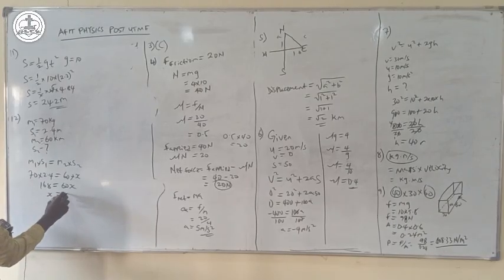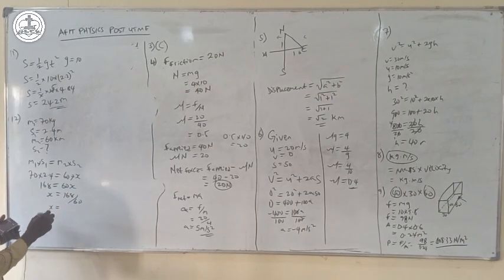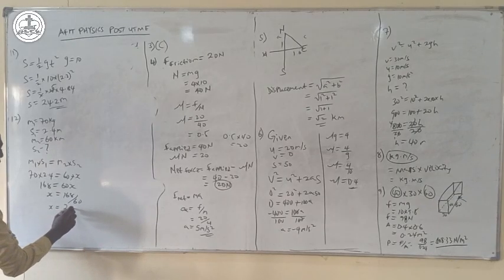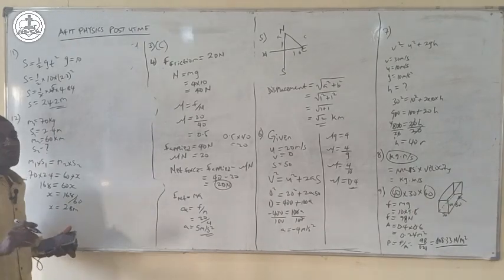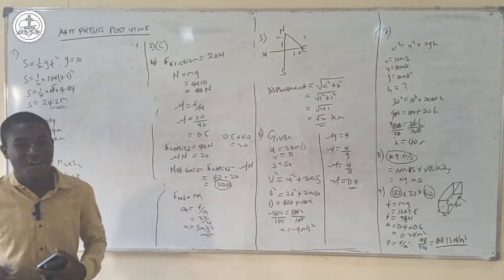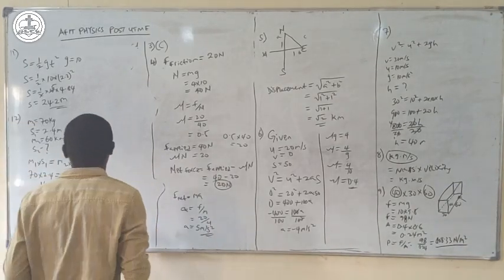X is equal to 168 divided by 60, which is 2.8. So he should sit 2.8 meters aside. When he sits 2.8 meters aside, then there will be no calamity.